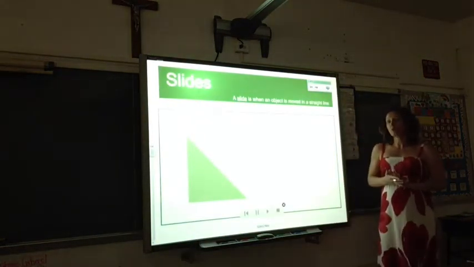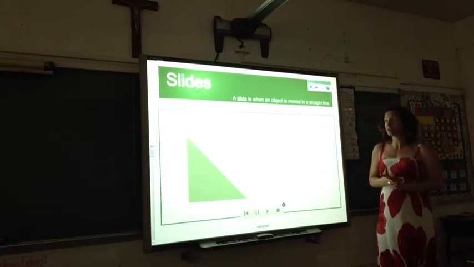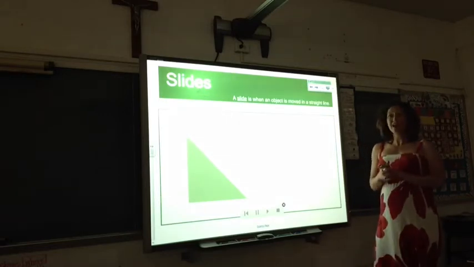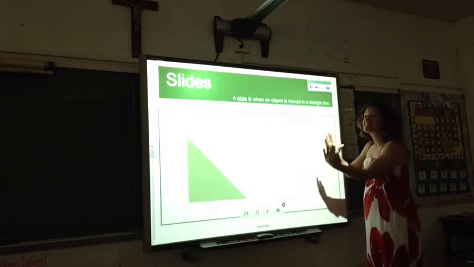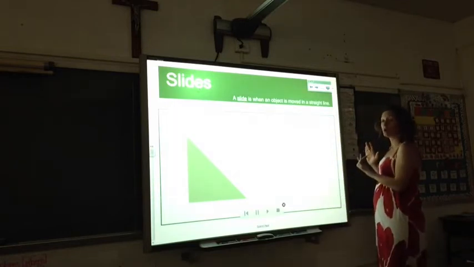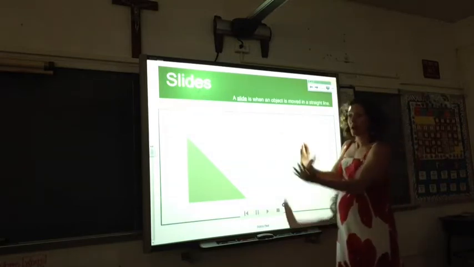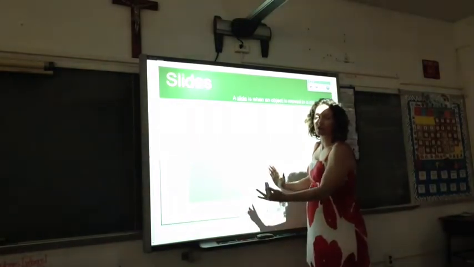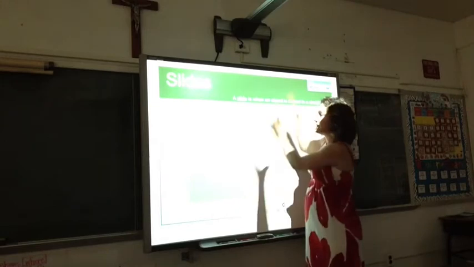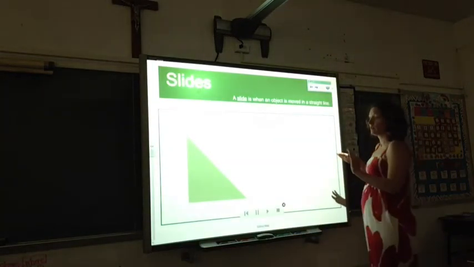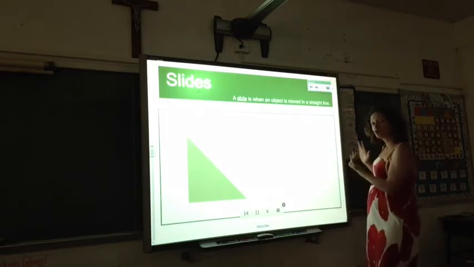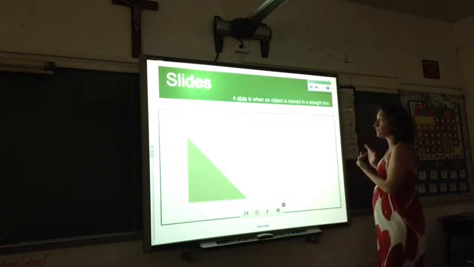So you may remember this from last year, if you talked about it last year, but a slide in geometry is when you take a shape and you just slide it in one direction. You can slide it up, you can slide it down, you can slide it to the right, to the left, diagonally. The shape doesn't change at all, it just scoots one way or another.